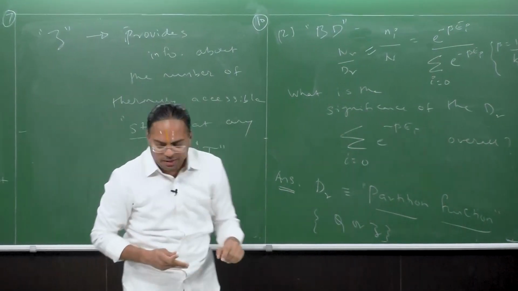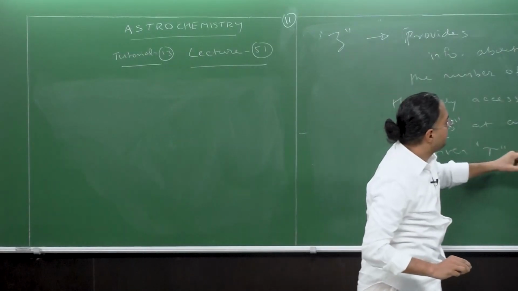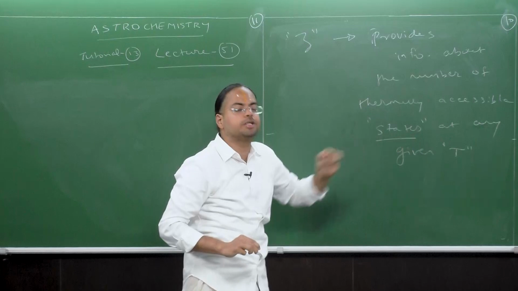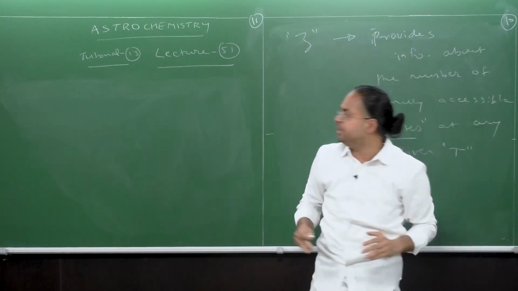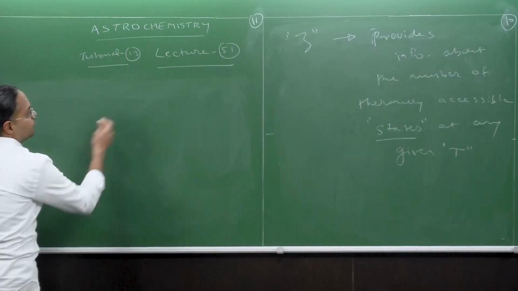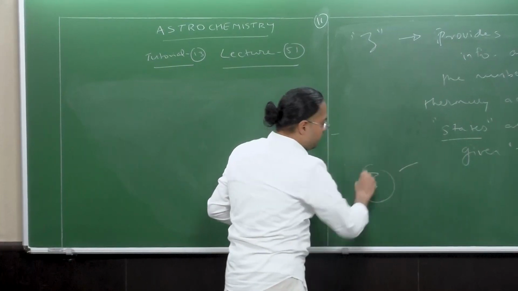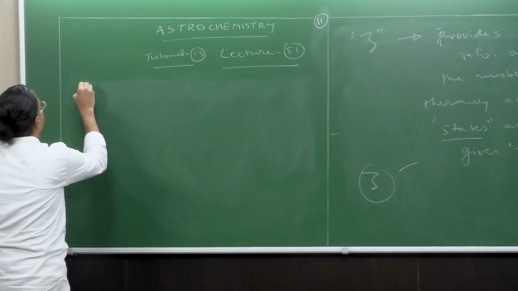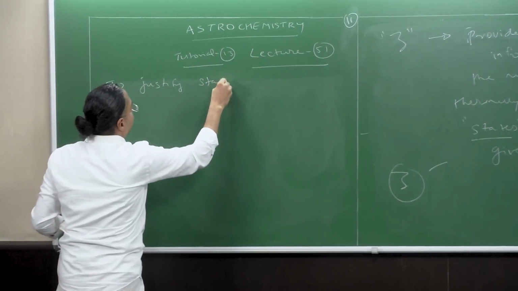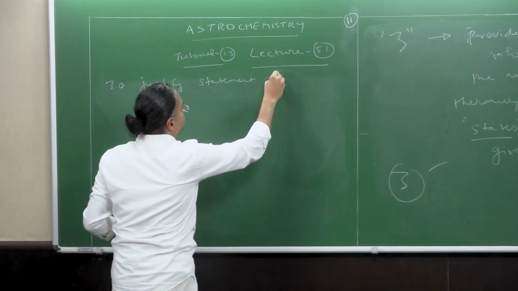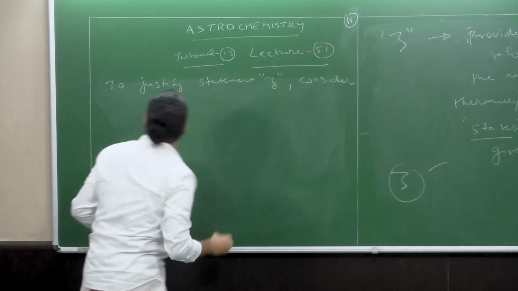So in order to justify it, we'll do it this way. In order for us to justify the statement that the partition function gives a measure of the thermally accessible states in any system at a given temperature, let me just call this statement Z. To justify statement Z, consider extreme cases.